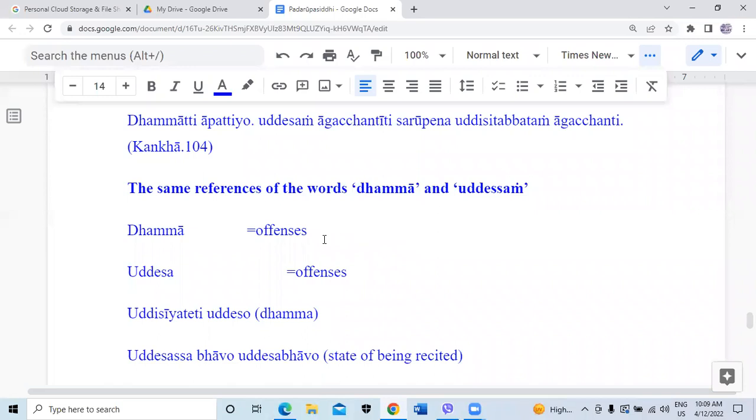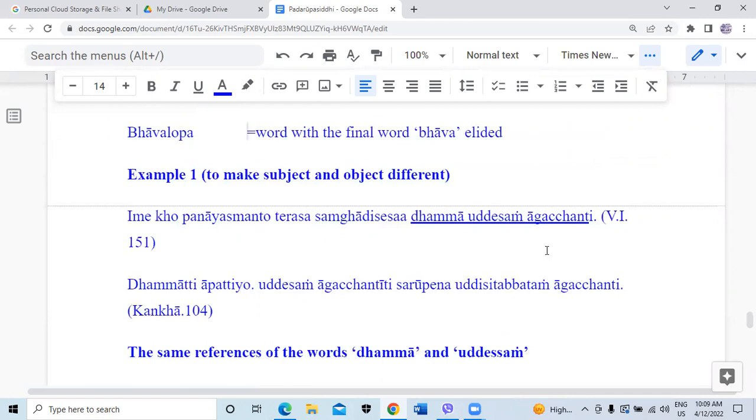Because of the same reference of the words dhamma and uddesa. In a sentence, subject and object must not be the same, right? For example, Purisa Nagara Gachati: Purisa and Nagara are different. They must be different because Purisa is the subject and Nagara is the object.